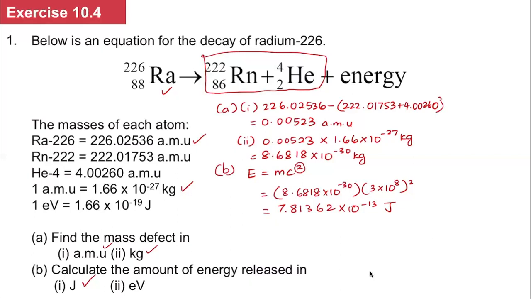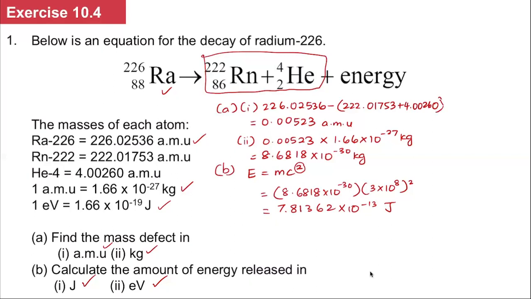Okay, next one is how to write the value into electron volt. So you are given here 1 electron volt is equals to 1.66 times 10 to the power negative 19 joule. So convert the joule into electron volt.